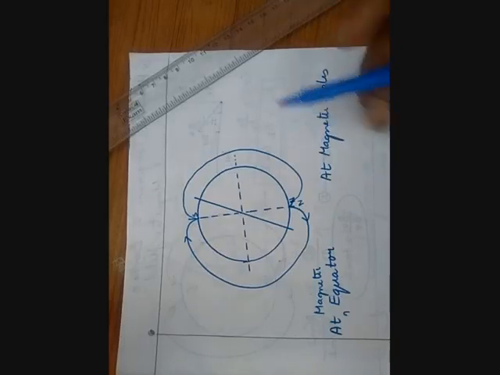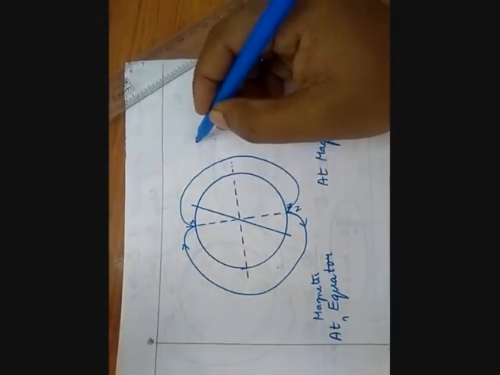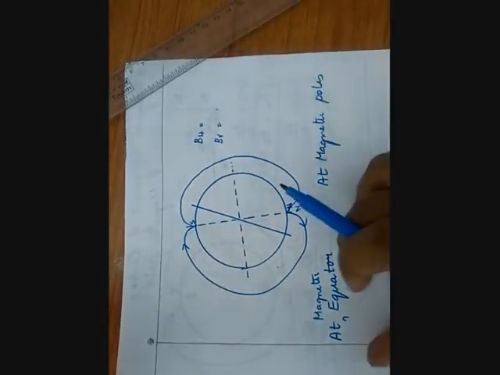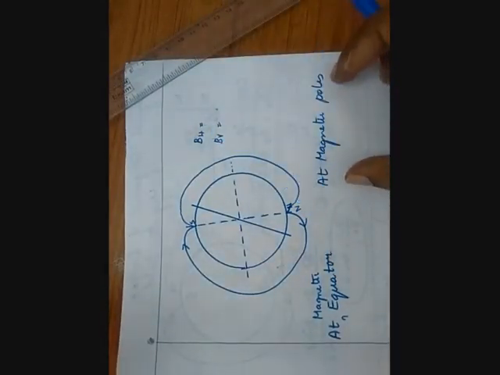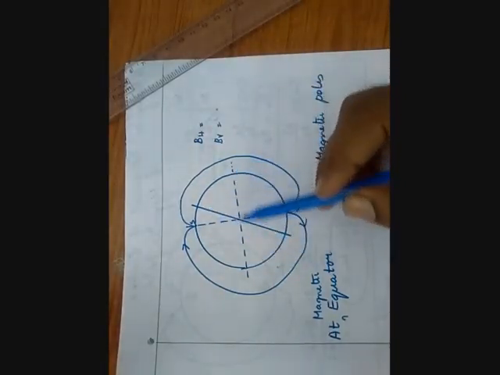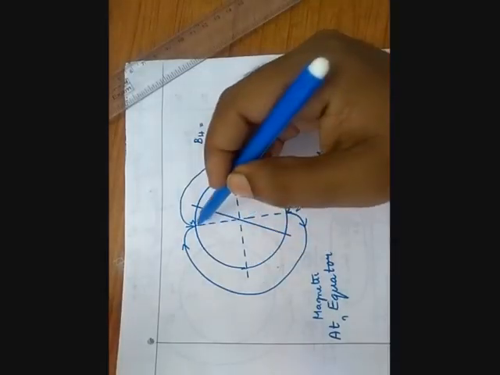Here you will see the horizontal and vertical components of the magnetic field at the magnetic equator and magnetic poles. We know the magnetic equator is a circle perpendicular to the magnetic axis.